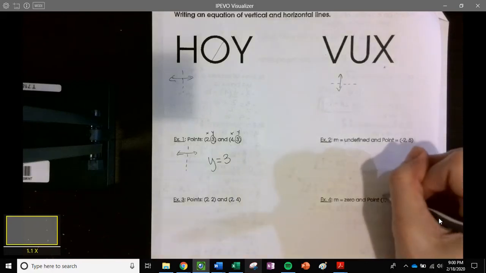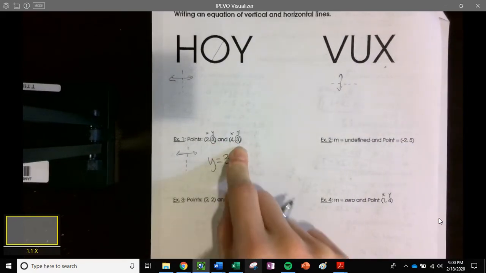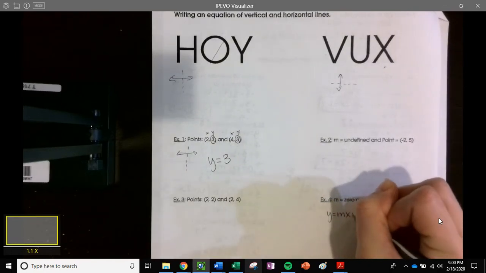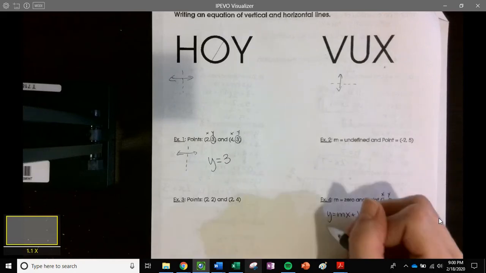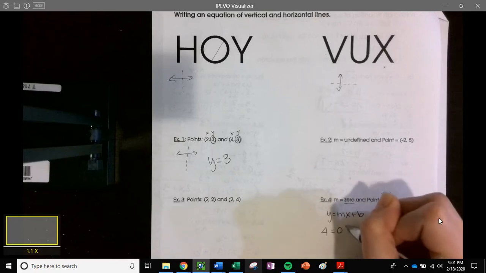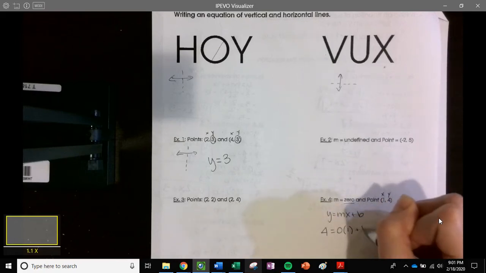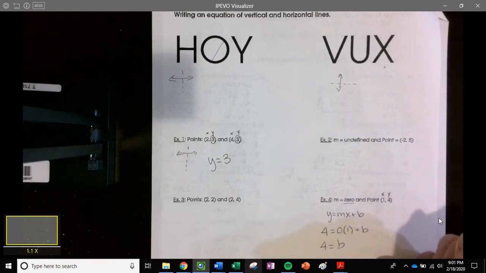Okay? So this one tells me that m is 0 and the point is 1, 4. So we can actually do the math for this. There's no trick like spotting the matching y's. Instead, we'll do what we just did. Y equals mx plus b. All right, well, y is 4 and x is 1. 4 equals the slope of 0 times x plus b. Well, that means 4 equals b.